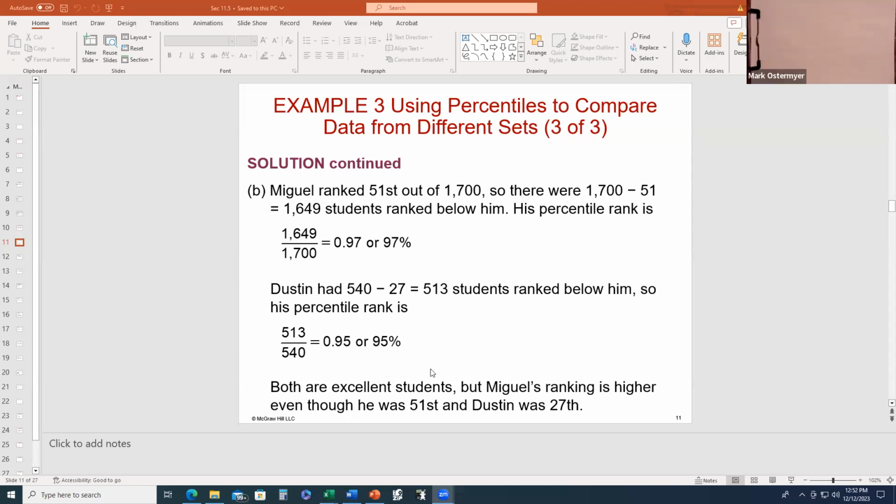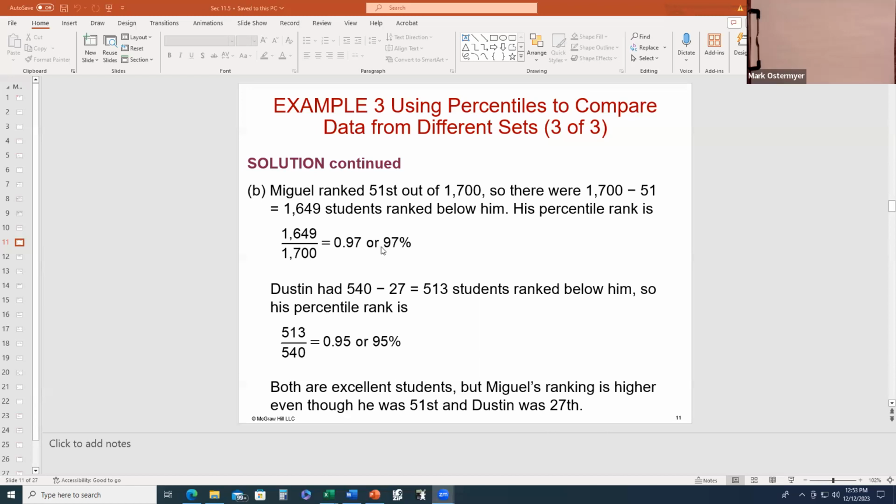Okay, so ladies and gentlemen, we can see here that Dustin's percentile is actually lower, not by much, but it is a little lower than Miguel's percentile rank. So it looks like Miguel here has a slightly higher percentile rank, and therefore Miguel would probably be awarded that last seat in that law school class. Okay.